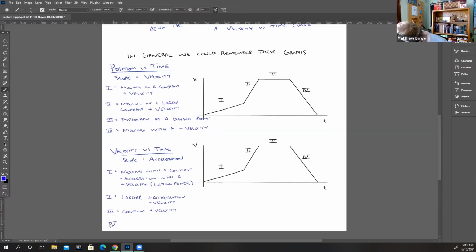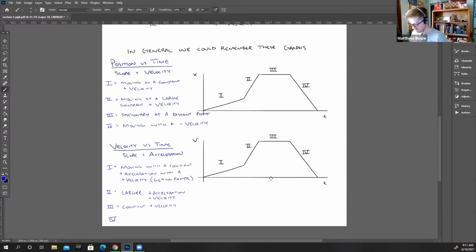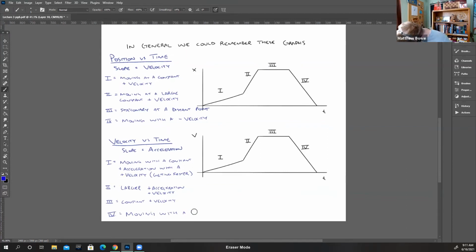And for section 4 over here, this is the actual tricky one, because it is now changing its speed again. The slope of this is acceleration. It has a negative acceleration. So moving with a negative acceleration.